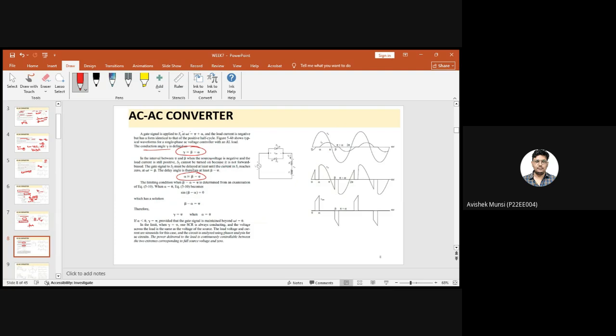If in the interval between pi to beta, when the source voltage is negative and the load current is still positive, S2 cannot be turned on because it is in the forward bias state. But the gate signal S2 must be delayed at least until the current in S1 reaches omega t equal to beta.